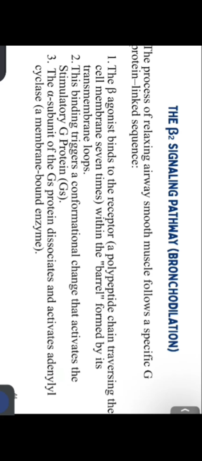Second step, this binding triggers a conformational change that activates the stimulatory G protein, or the Gs. Then the alpha subunit of the Gs protein dissociates and activates adenyl cyclase, a membrane-bound enzyme.